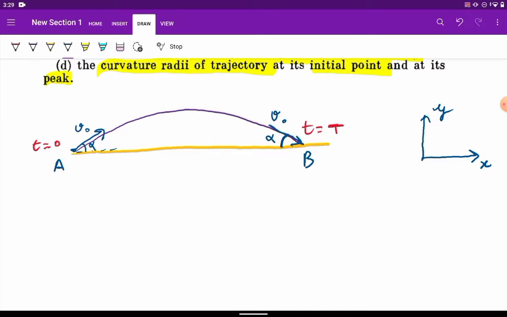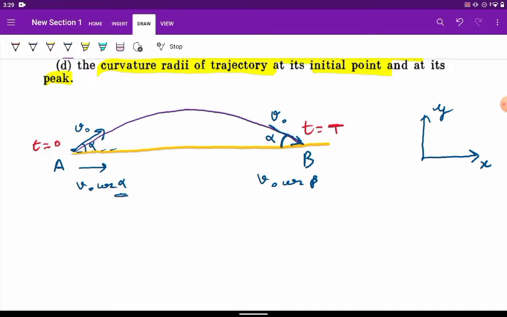And secondly, why are the angles the same? In the horizontal direction, the component of velocity won't change over time because there is no horizontal acceleration. So the horizontal component over here is v naught cos alpha. Let's say this was some angle beta, so it will be v naught cos beta.